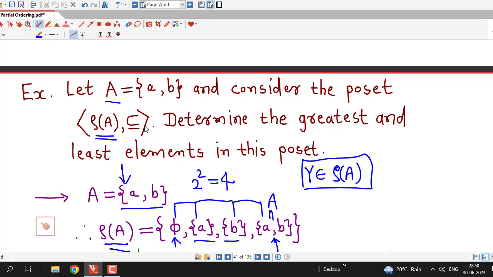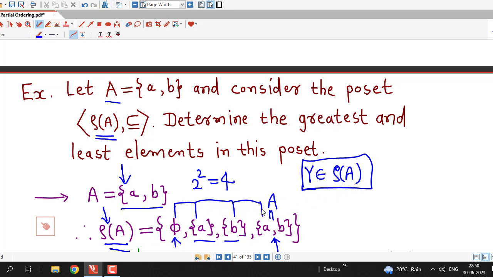Here the relation is the inclusion relation. That means y is the greatest element of this power set of A if every element of the power set is a subset of y.